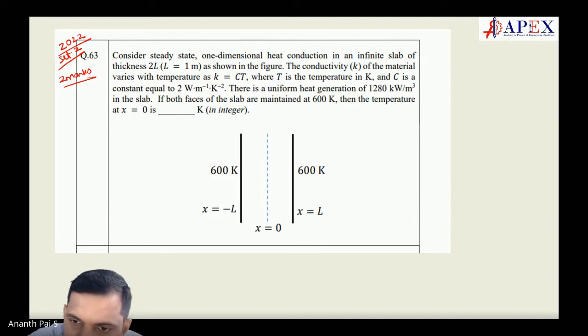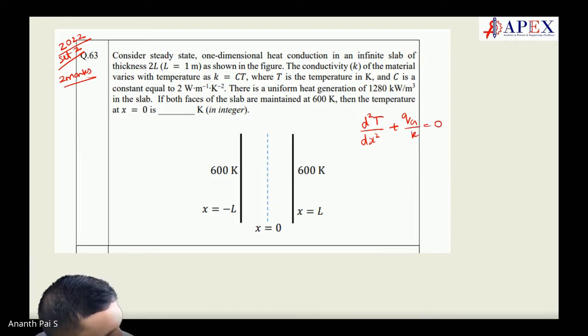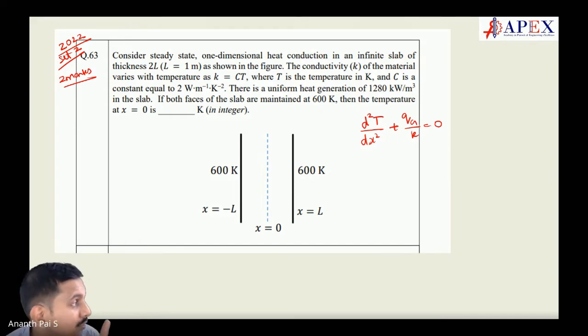What is it? d square T by dx square is equal to plus qg by k is equal to 0. Now integrate that. That's how you have to do. Don't remember the formula. If you remember, it's fine. But see, when you remember, you see where it is.